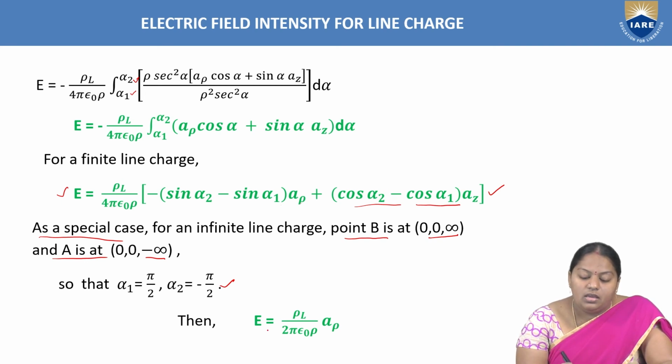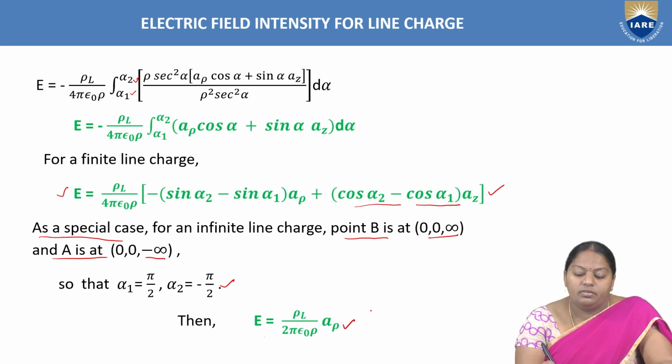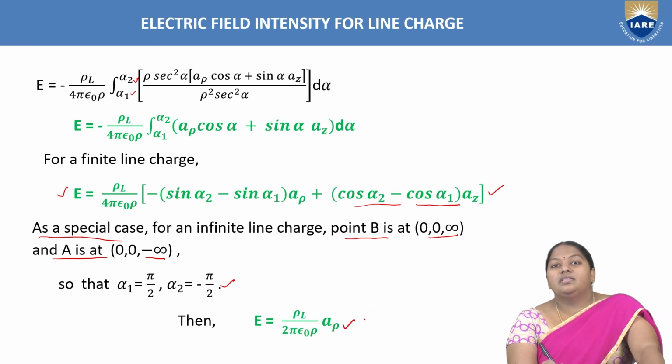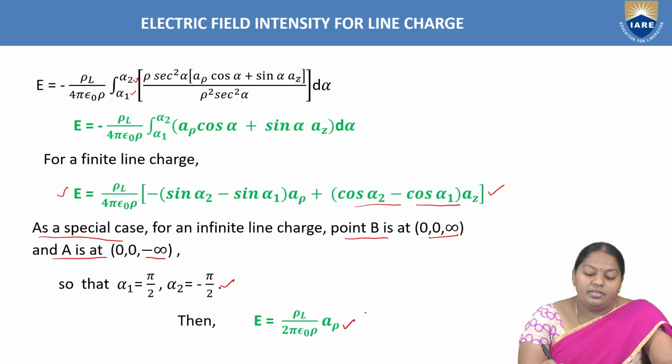Hence E equal to, so 4 is already there in the denominator, then the 2 is obtained from the numerator, this 2 gets cancelled, remaining is 2, then E equal to rho L by 2 pi epsilon naught rho into a rho is the generalized equation for the electric field intensity E due to an infinite length of the conductor's case.